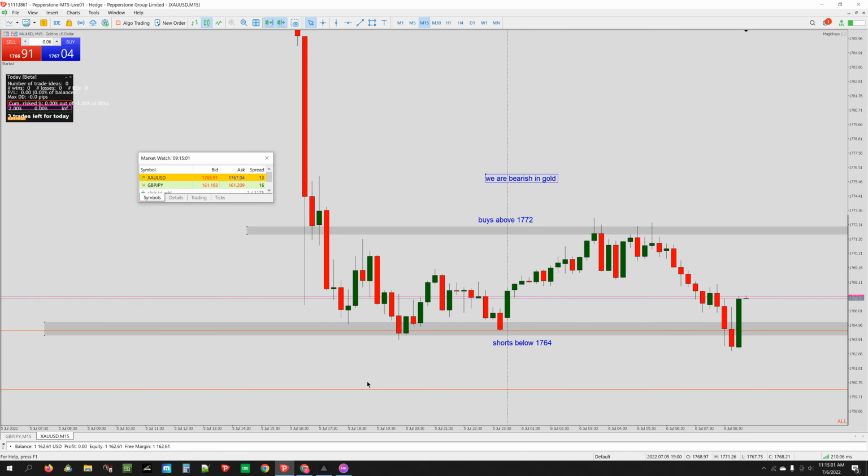In gold we have closed bullish. We have broken above the high of the previous candle, although still these candles mean nothing at this point, because we are still inside the range, because we still have low volume.